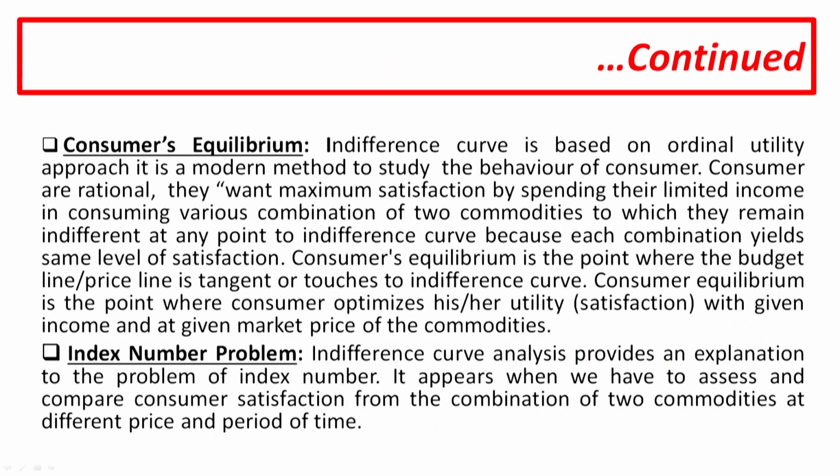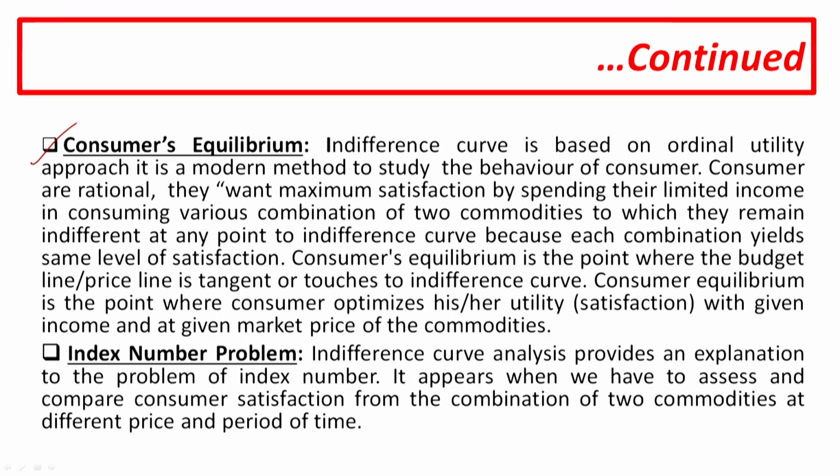The second point is consumer equilibrium. With the help of indifference, we try to locate the point of consumer equilibrium. When will the consumer be in equilibrium? When the consumer is getting the maximum satisfaction by spending his limited income on consuming the combination of two commodities.